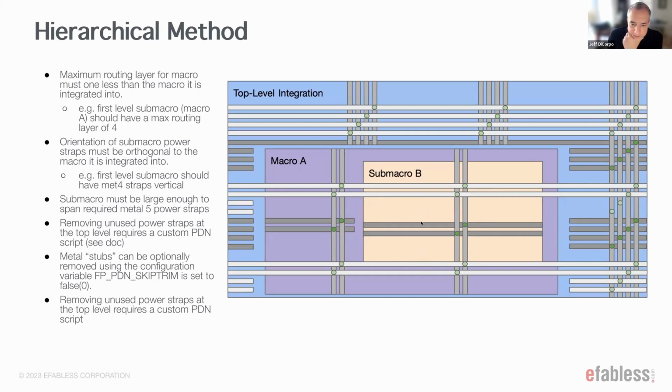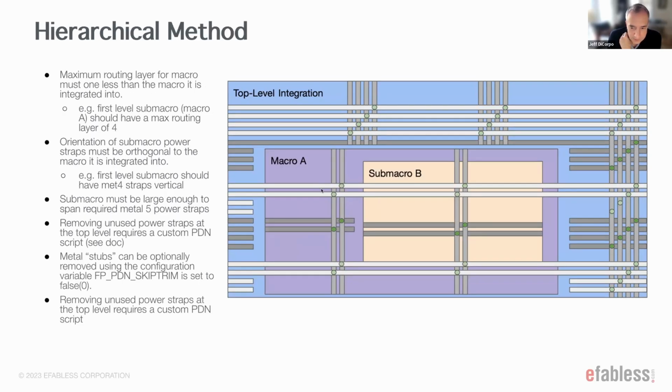You're going to be connecting the sub macro B here. The power connections are made through the horizontal straps that are shown on metal 3 in this case, in this section here.